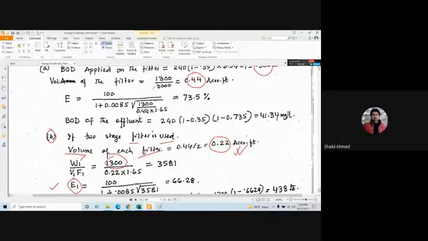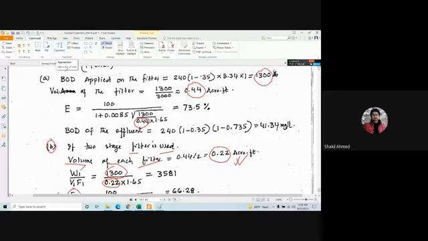Now remember, previously you put V equals 0.44, but now V1 equals 0.22. You have to carefully notice this difference. In A, there is only one stage trickling filter, so the volume of the single filter was 0.44.